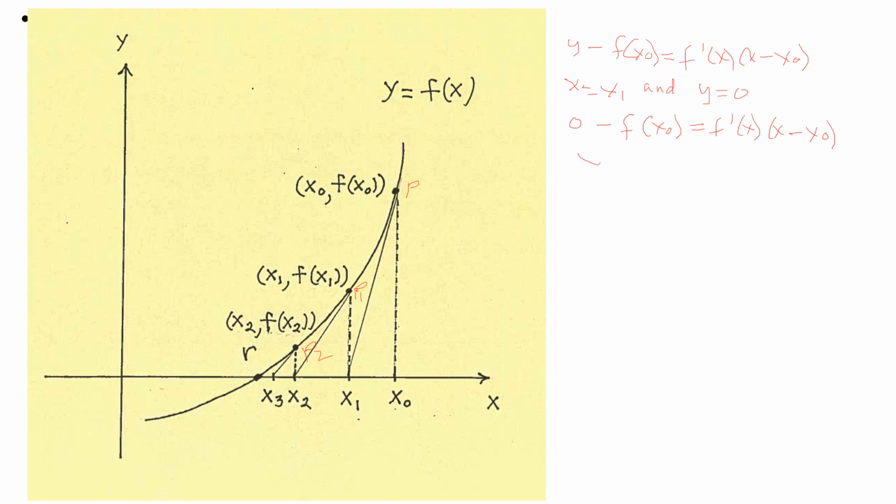Solving for x sub 1, x sub 1 equals x sub 0 minus f of x sub 0 all over f prime of x sub 0.